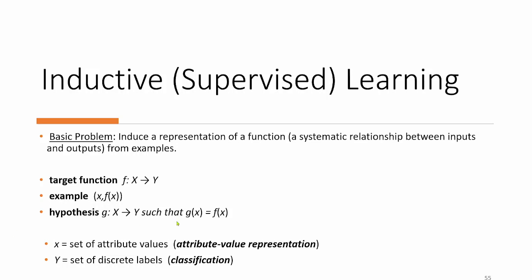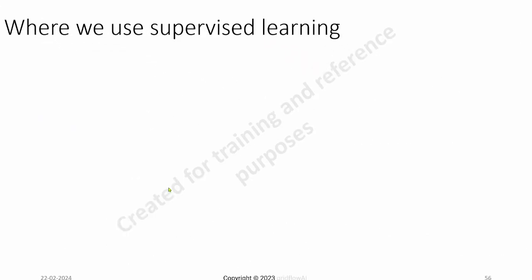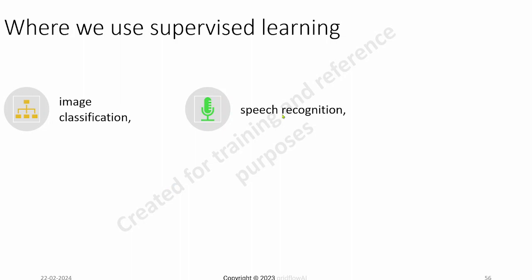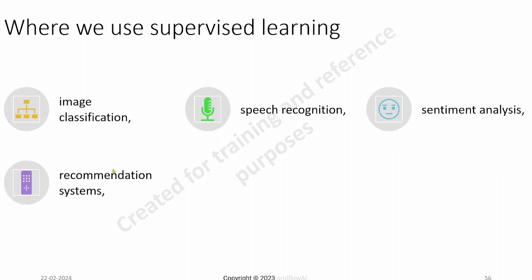So mathematically, this is how we represent machine learning in terms of input and output. So where do we use supervised learning? Supervised learning is actually very popular because it has a lot of business use cases. One of them is image classification, speech recognition can be one application area, sentiment analysis, we spoke about it, can be another application area.